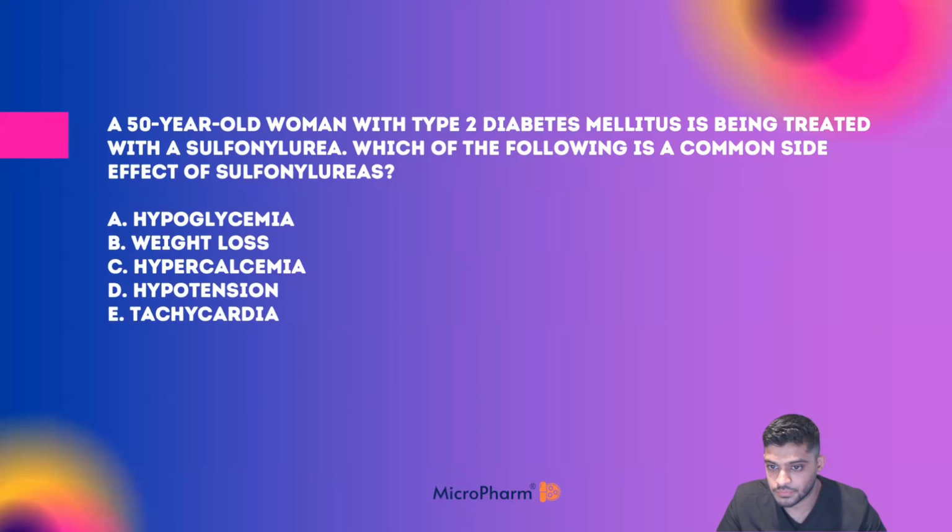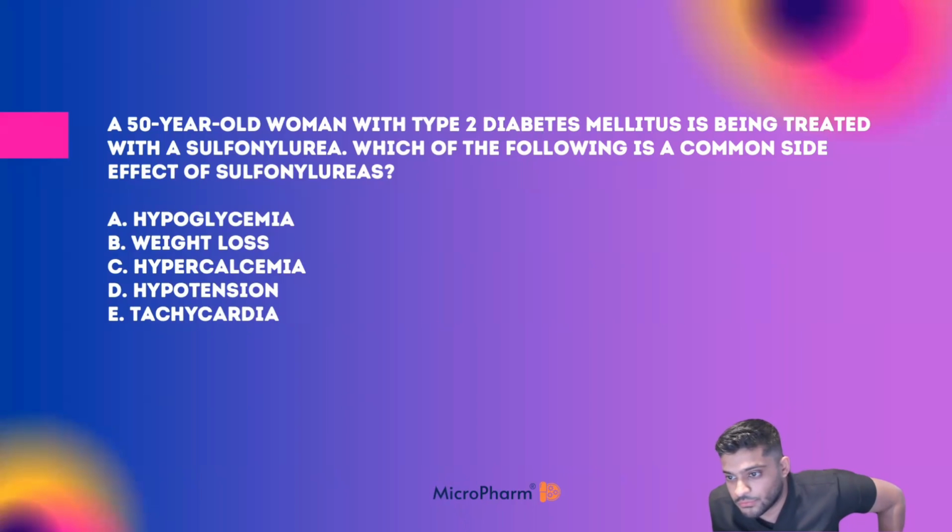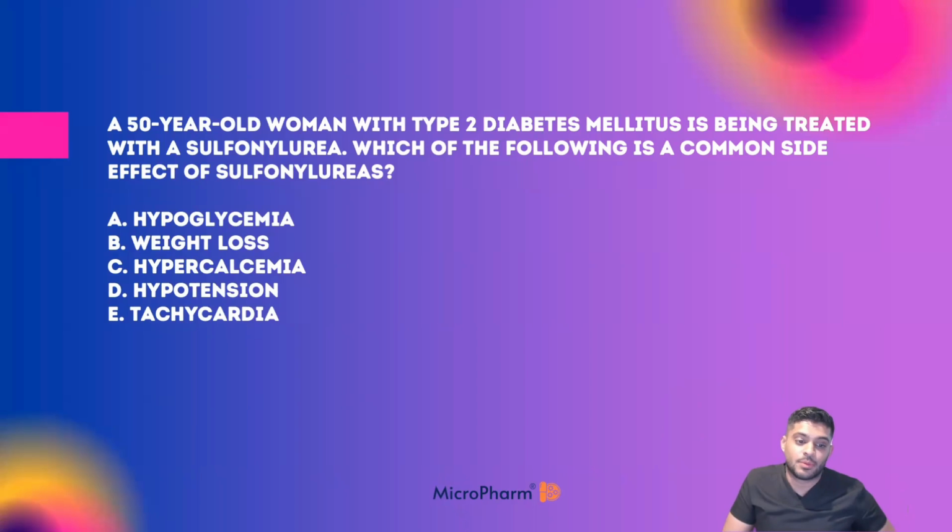The key things you're monitoring for in hyperthyroidism are palpitations, the possibility of causing atrial fibrillation, and also increased cardiac output.